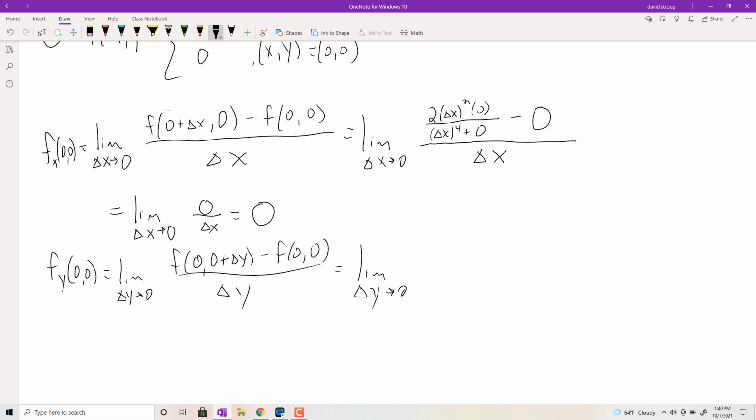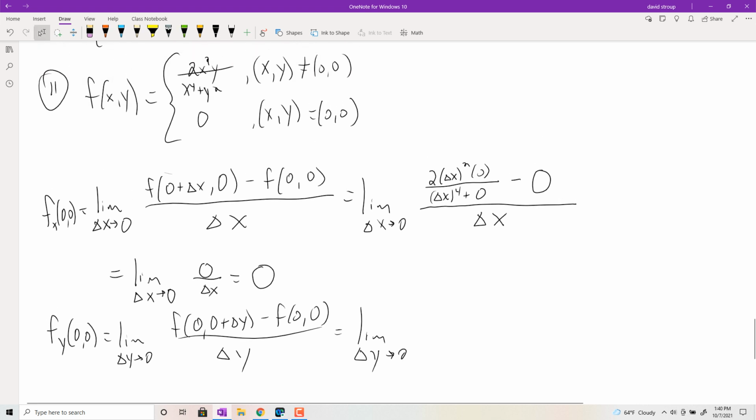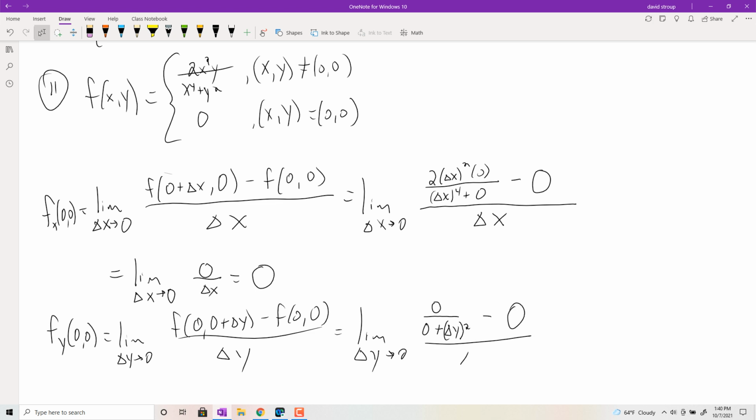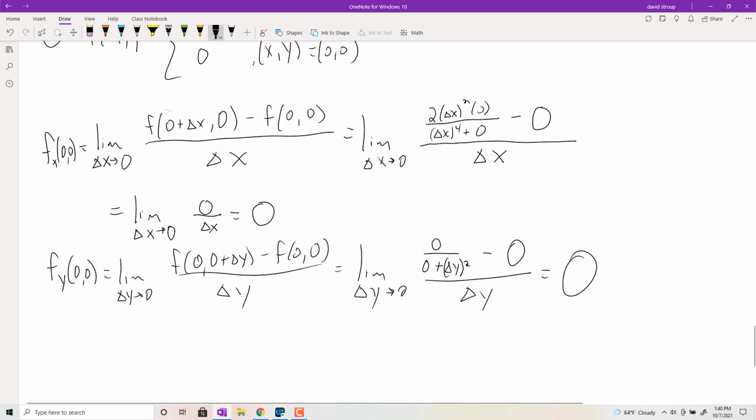Plugging 0 in for x, I'll have 0 no matter what in the numerator, all over 0 plus change in y squared, and then minus f of (0, 0), which is 0, all over change in y. So we get the same object. It's just the limit of 0 over change in y, which of course would be 0. So the partial derivatives exist at (0, 0).